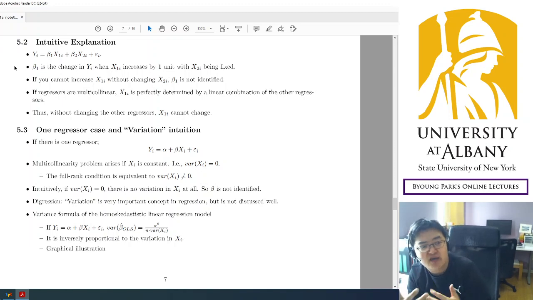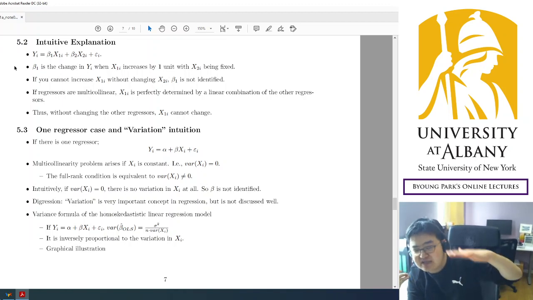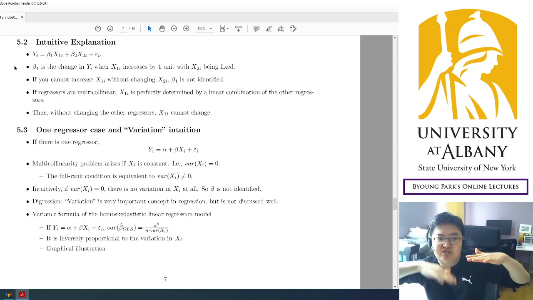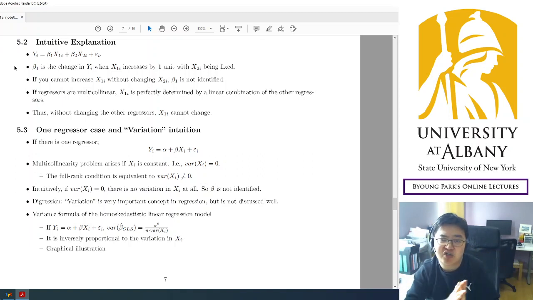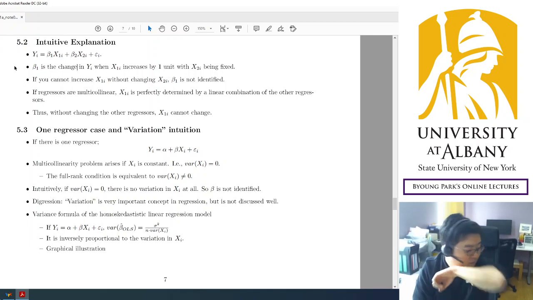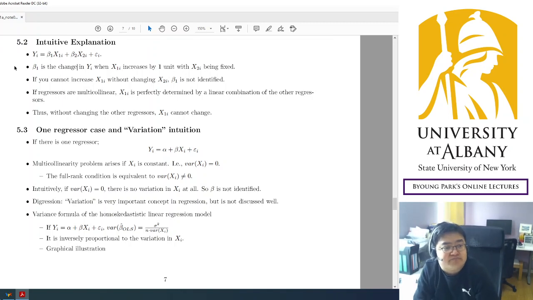So from the data, you should be able to fix x2, but you should see some variation within x1. If that is not possible, you cannot identify beta 1, right? So to identify beta 1, you should be able to vary x1 without changing x2.